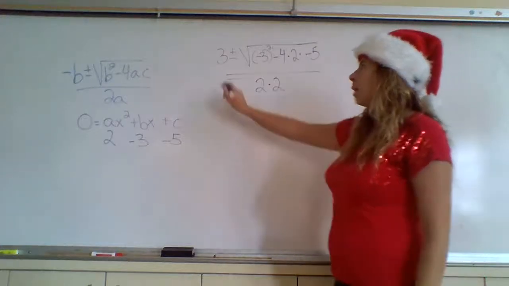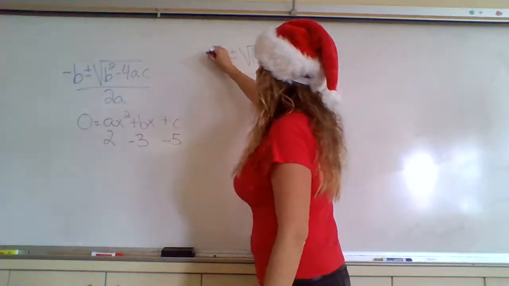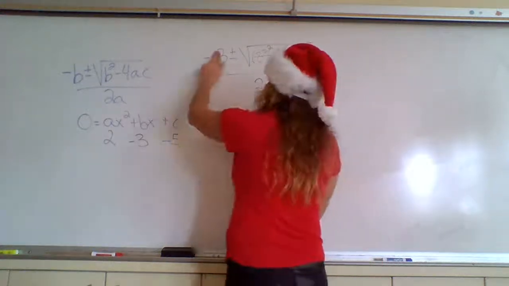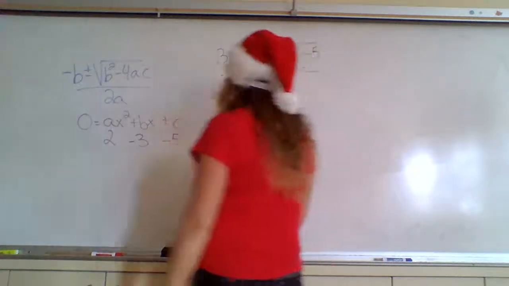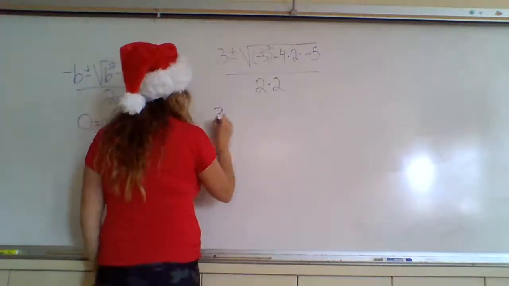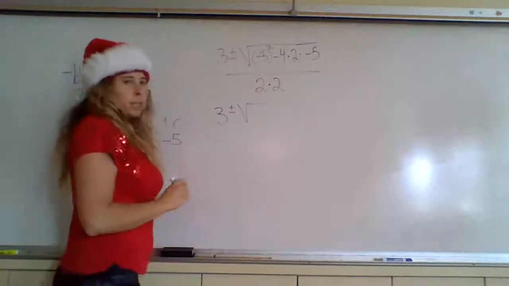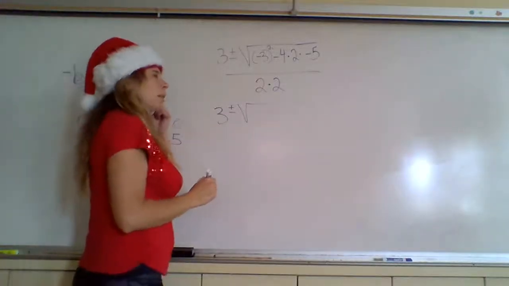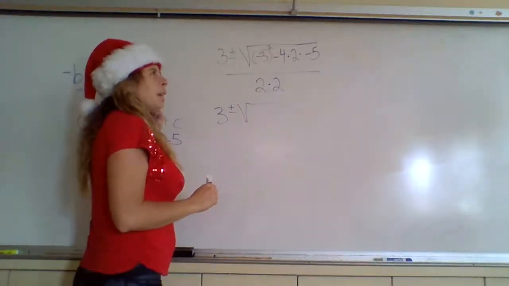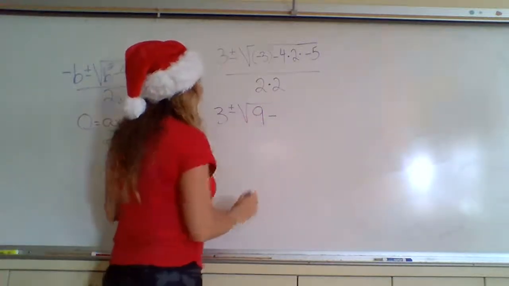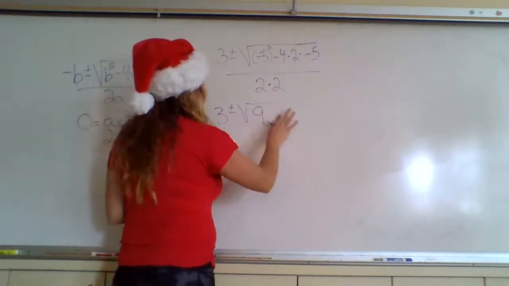Remember, this became a positive 3 because it was negative, negative. So it's positive 3. All right, here we go. 3 plus or minus negative 3 squared. Negative 3 times negative 3 is positive 9. Minus, actually, it's going to be a positive.